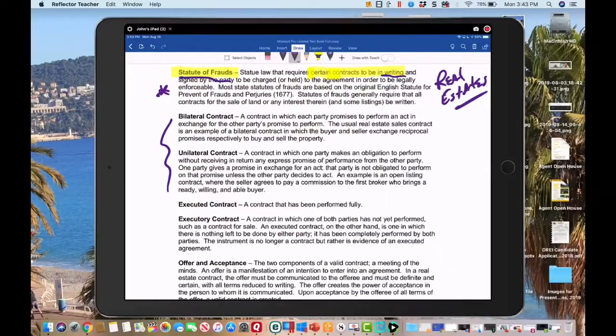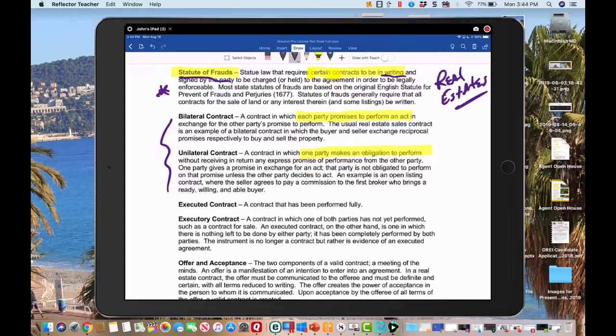And we've been talking about bilateral and unilateral contracts. So here's the thing you can remember about the bilateral: each party promises to perform and act. Okay? And in a unilateral contract, there's only one party that makes an obligation to perform.